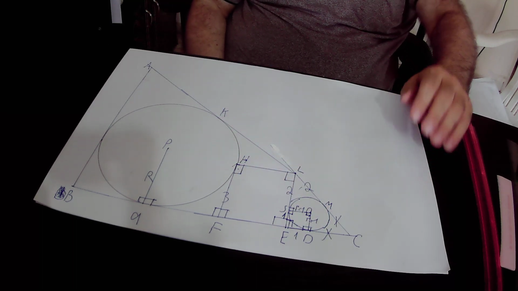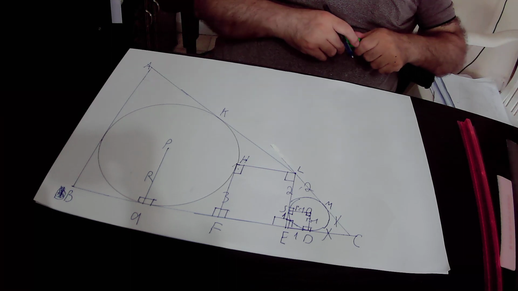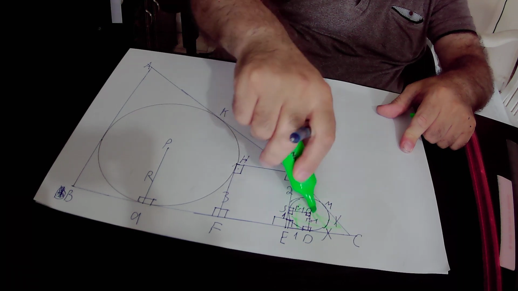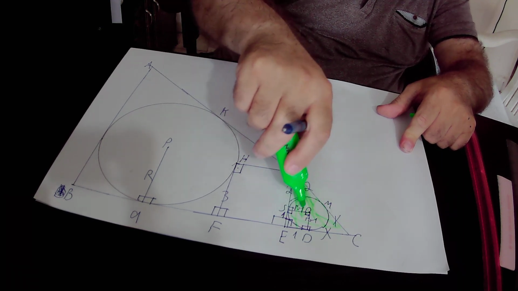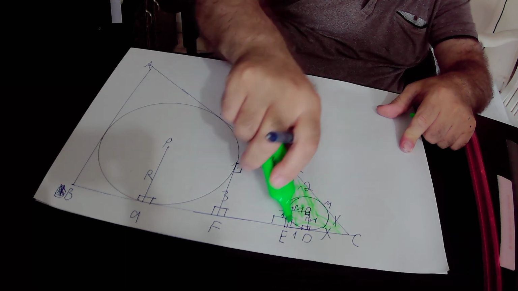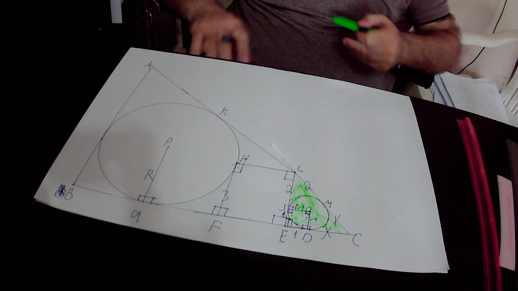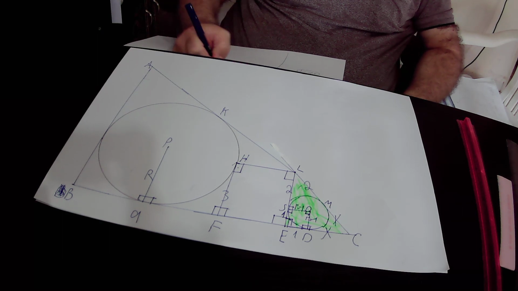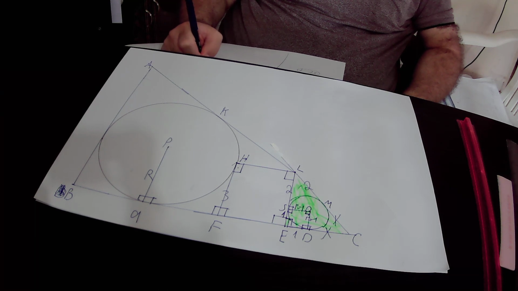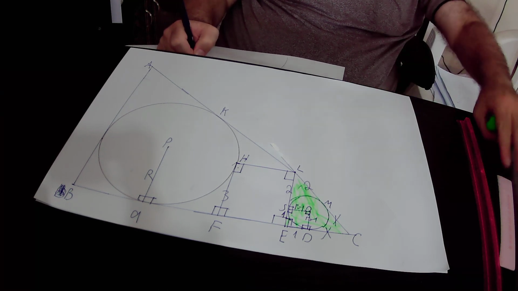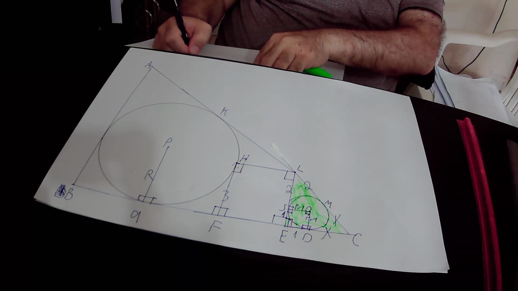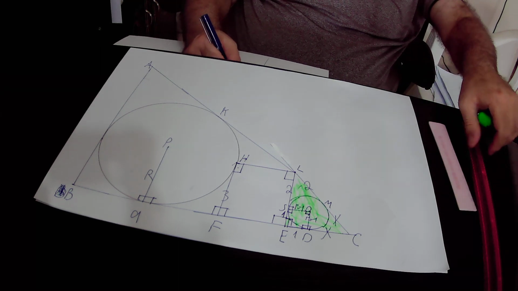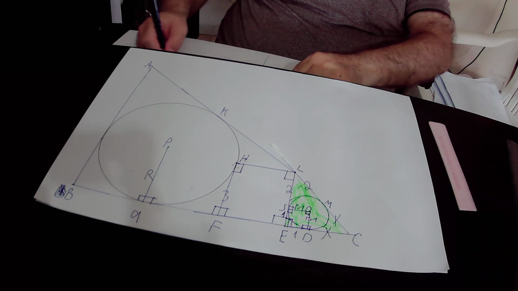Okay. So in the next step, we will implement the Pythagoras theorem on the right green triangle, triangle ECL. According to the Pythagoras theorem, the square of the hypotenuse equals the sum of the squares of the perpendiculars.